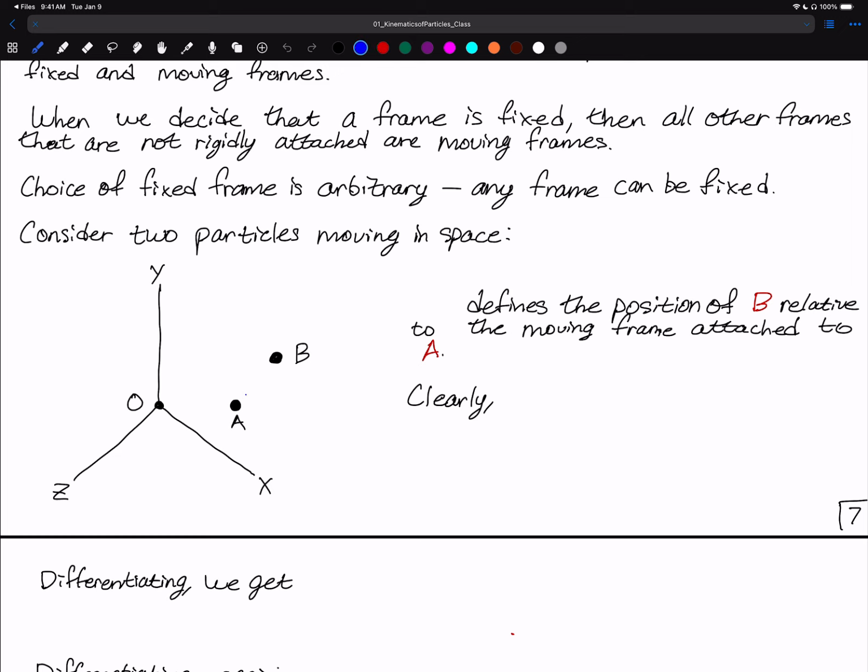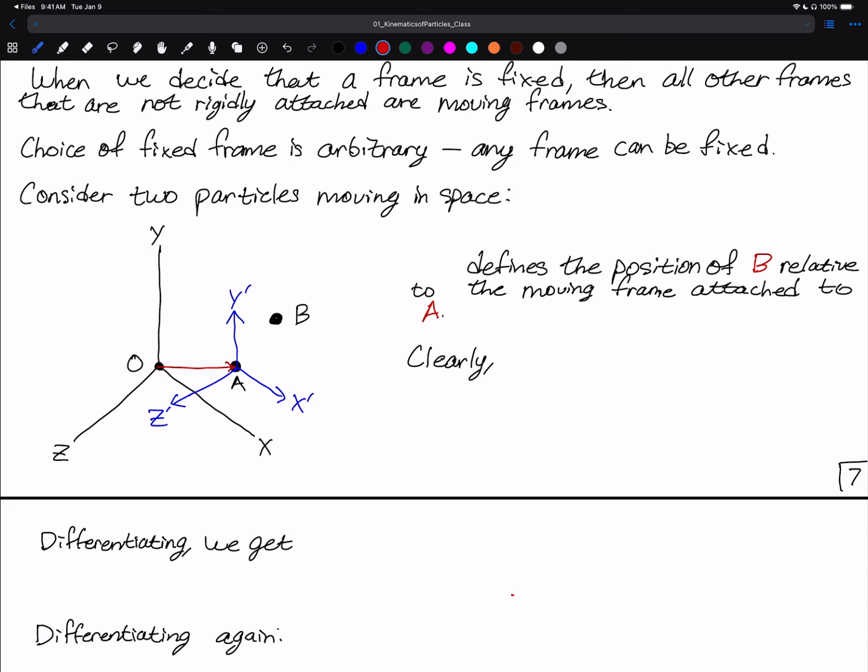Okay, now let's do our position vectors. So we have first our r_A, position vector from the origin to A, and our r_B, position vector from origin to B, and then we can draw the relative position vector.